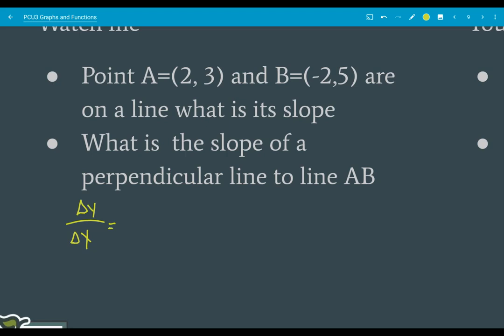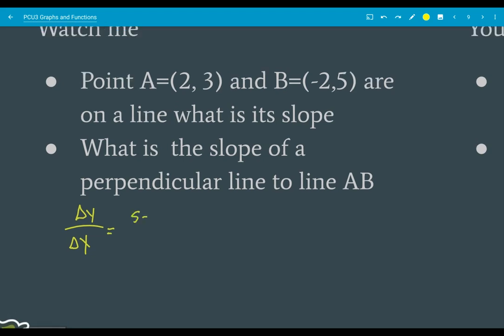So I'm going to do b minus a, 5 minus 3 over negative 2 minus 2. There we go. As long as they line up vertically in terms of your ordered pairs, you're doing just fine. So if we look, 3 and 2 go together, 5 and negative 2 go together.